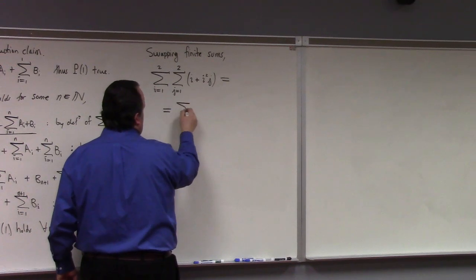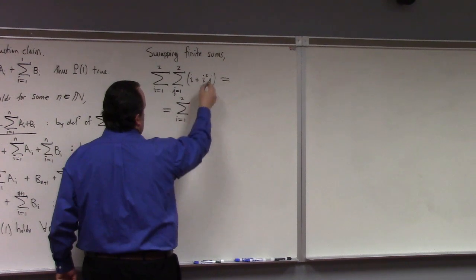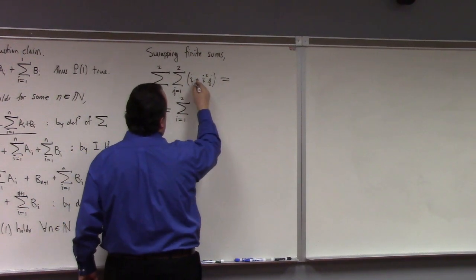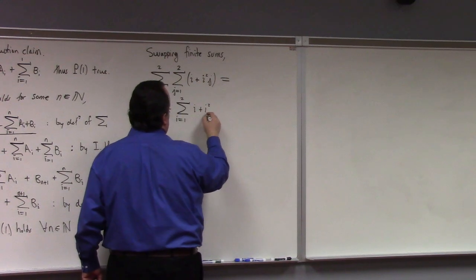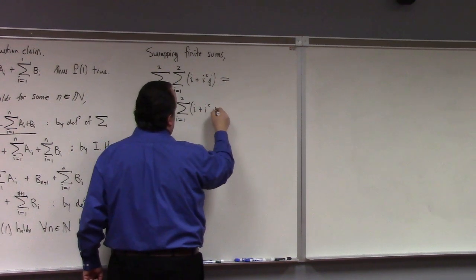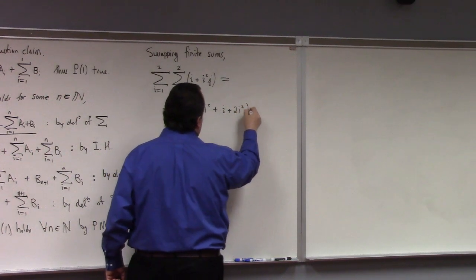Okay, so if we do that, how does that work out? So we do the sum over j, what's that give us? It gives us i plus i squared, right? Plus what? Plus i plus 2i squared, right?